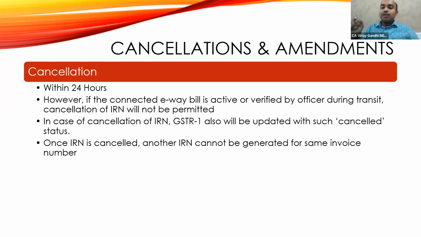But on the same 1001 invoice number, I cannot generate another e-invoice. I have to cancel the invoice completely. That 1001 will be a cancelled invoice. And if I have already generated 5, it can be invoice 1007 again. So one invoice number, only one IRN.